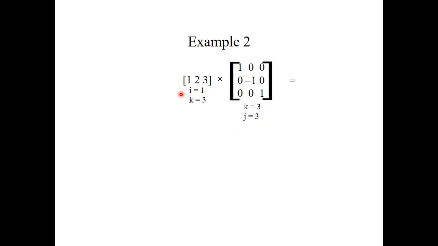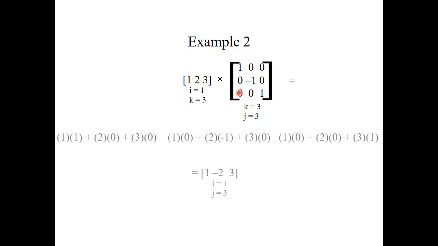So let us just do this. We have to multiply the first row, in this case the only row, with the first column, and that gives just 1 times 1 plus 2 times 0 plus 3 times 0. See this here, 1 times 1 plus 2 times 0 plus 3 times 0.